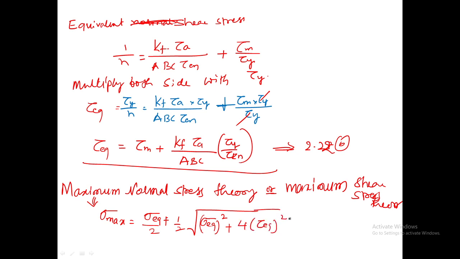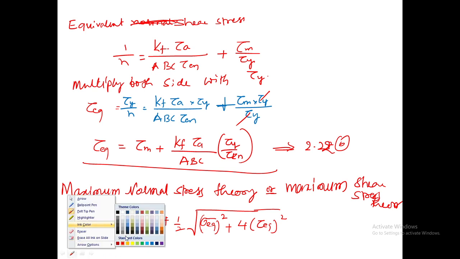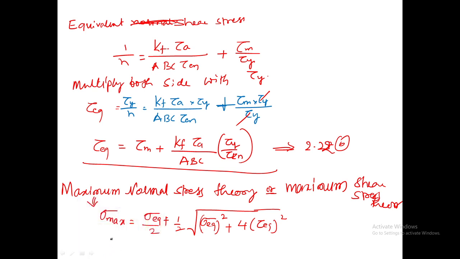Similarly, according to the maximum shear stress theory, tau max equal to 1 by 2 in bracket sigma eq square plus 4 tau eq square, right.